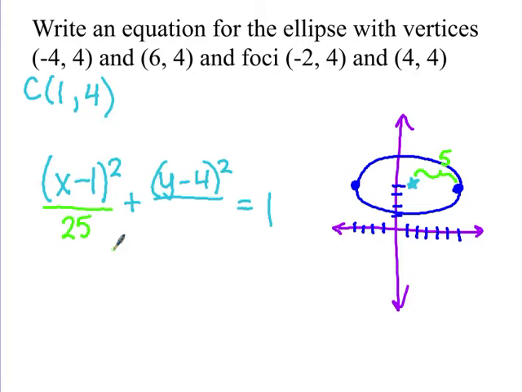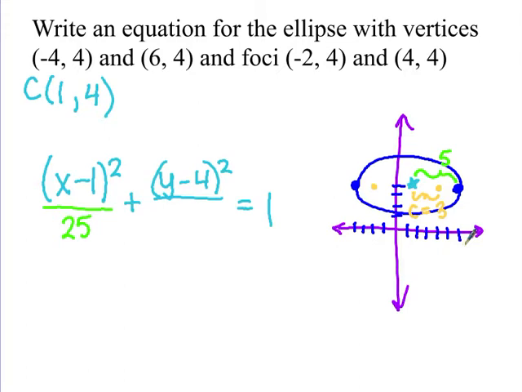So now we need to find what B is. Right now we don't know what B is, but we do have one other tidbit of information. They tell us that the foci are at negative 2, 4 and 4, 4. So the foci distance is C. In this case, what is C? 1 to 4 is what? 3.